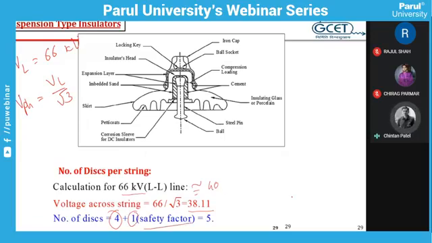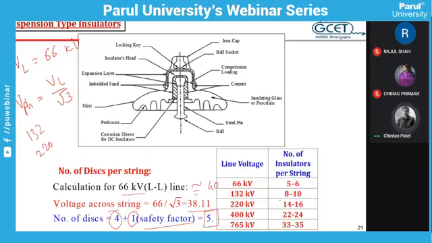If something goes wrong with any insulator disc, then for proper isolation, one extra disc is added as a safety factor. So the total number of discs required is 5 for a 66 kV transmission line. Using this method, you can calculate for 132 kV, 220 kV, 400 kV, etc. voltage lines.